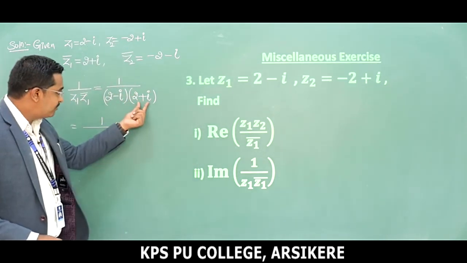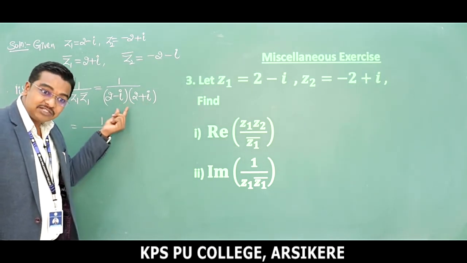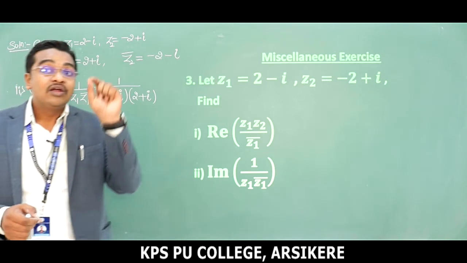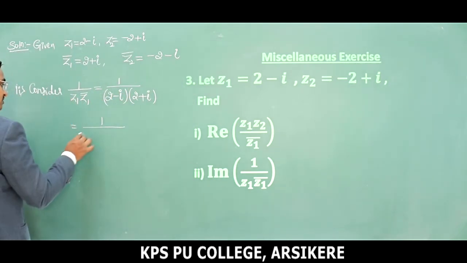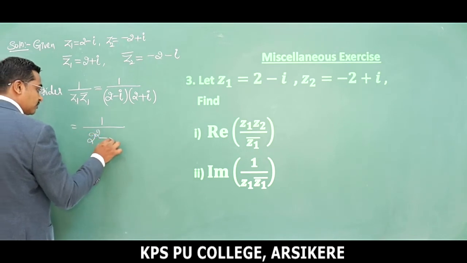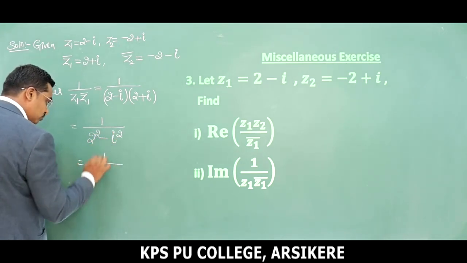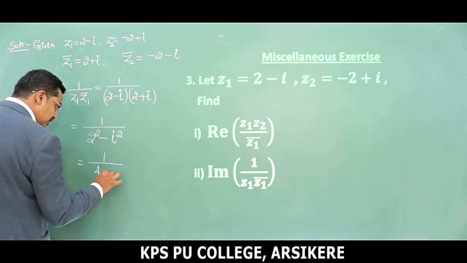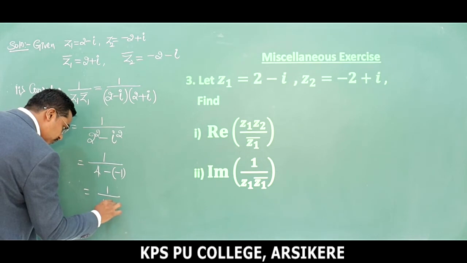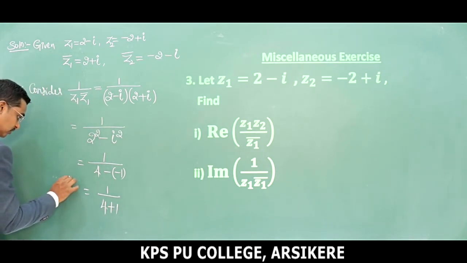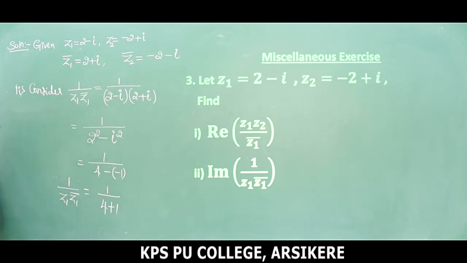A plus B into A minus B has the compact form A square minus B square. So this becomes 2 square minus i square. So this is 1 divided by 2 square is 4, i square is minus 1, 1 divided by 4 plus 1. This is 1 divided by Z1 into Z1 bar.